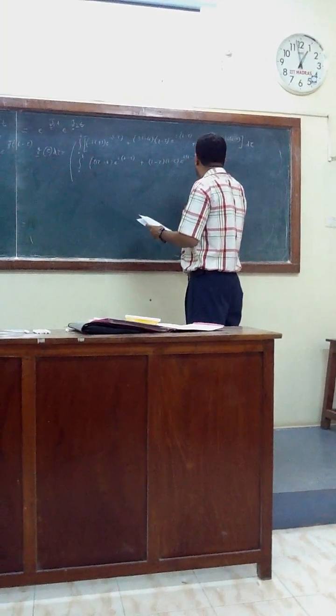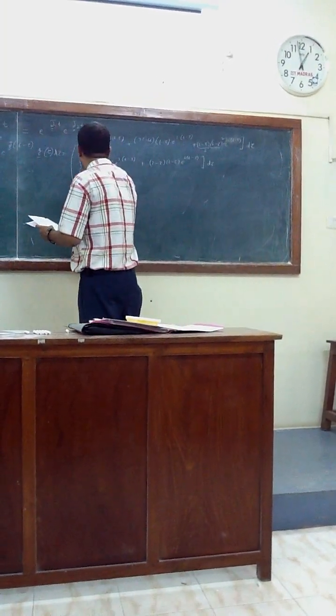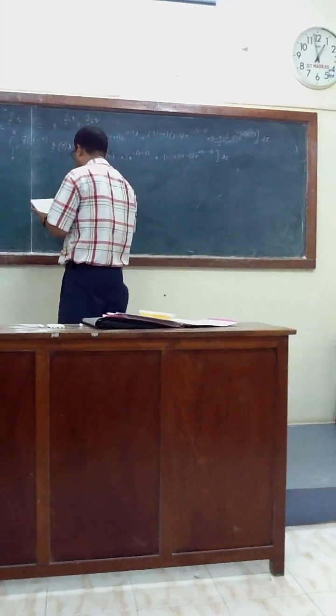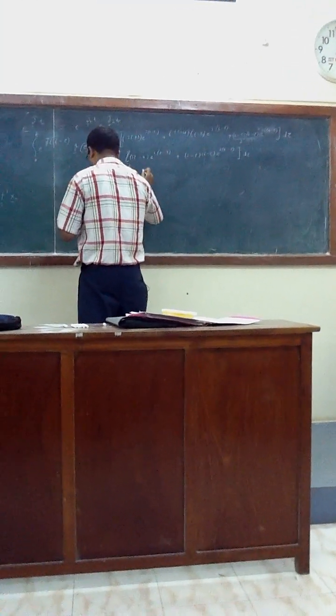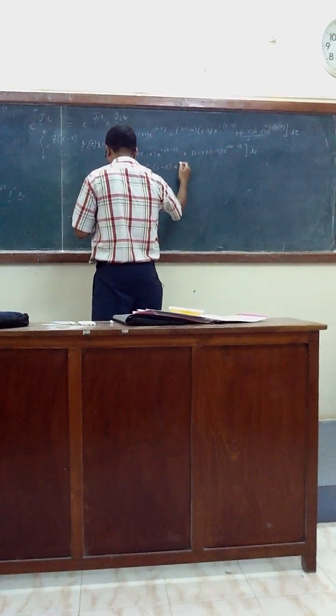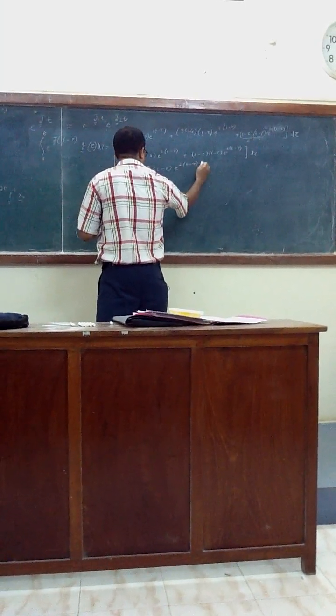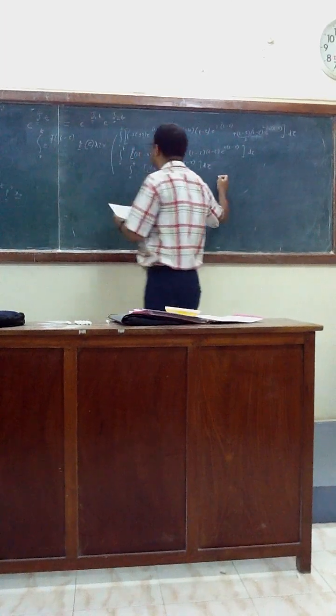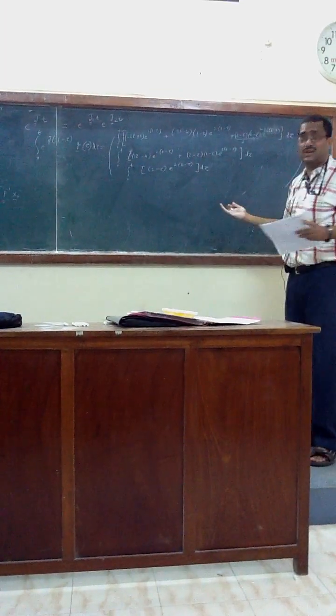Whole bracket. Next term, minus 0 to t, 2 minus tau, 2 minus tau e raised to the power 2(t minus tau), d tau. That's it. That's what I was actually asking.